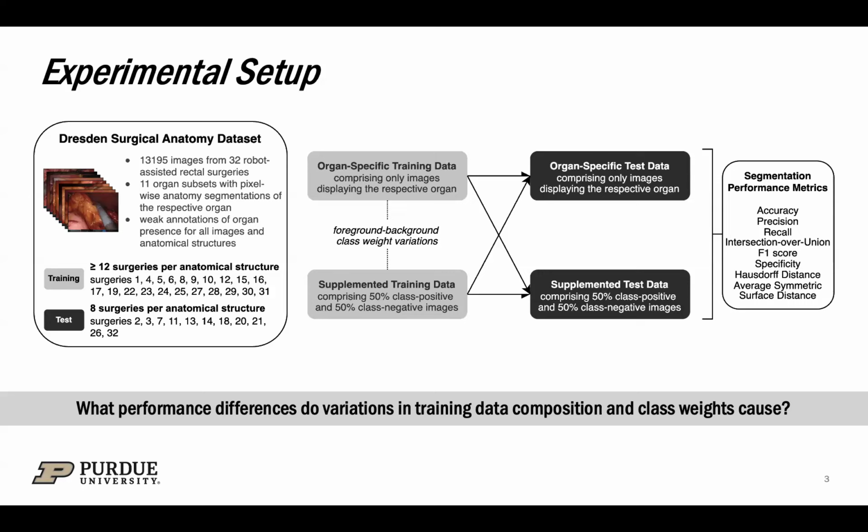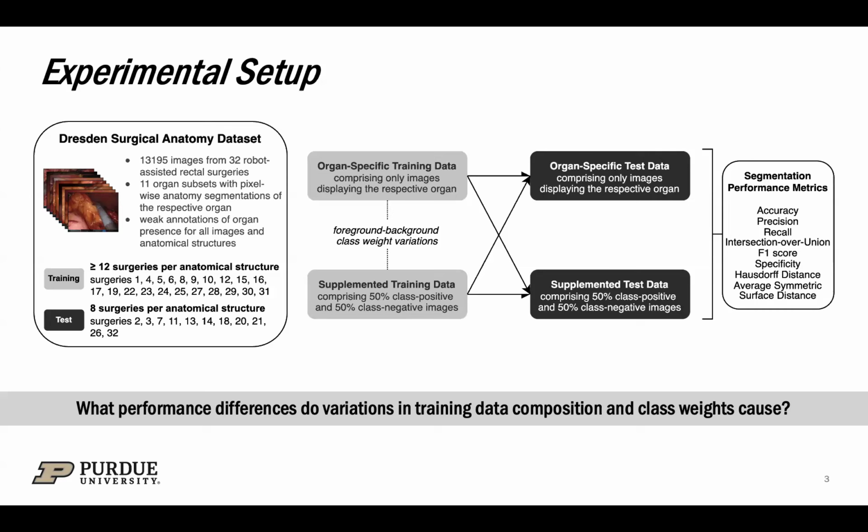For example, a common practice in training an organ-specific binary segmentation model is to always use images that contain the target organ, where the target organ is clear and visible, for both training and evaluation data. However, a more realistic scenario often aligns with our supplemented data set, where the field of view does not necessarily always contain the target organ.